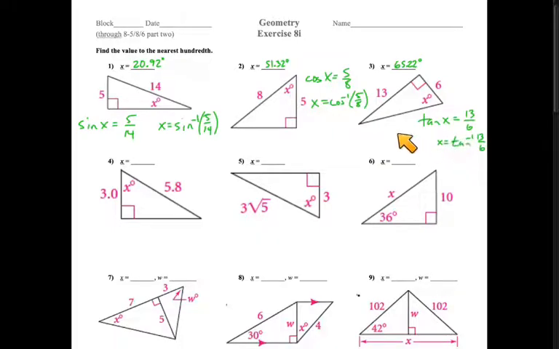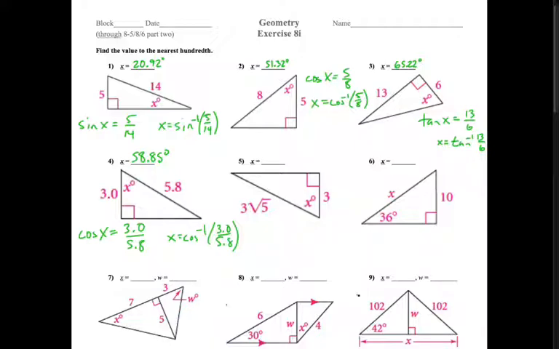So every time we're solving for the angle measure, when the angle measure is x, that's where we use the arc sine, arc cosine, arc tangent. In this example, the angle here is x, 3.0 is the adjacent, 5.8 is the hypotenuse. So we will use the cosine, adjacent over hypotenuse, and then use the arc cosine of both sides.